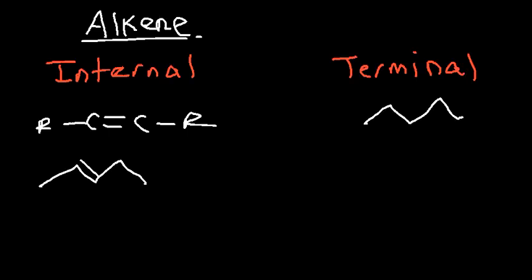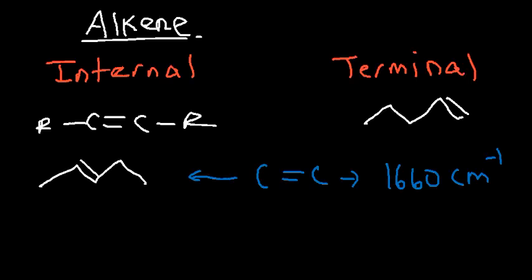And for a terminal alkene, the double bond's at the end. Now both of these are similar in that they share the same C double bond C stretch, which is around 1660 for both of them. But somewhere in that range. It could be 1650, 1670, but it's the same for both.